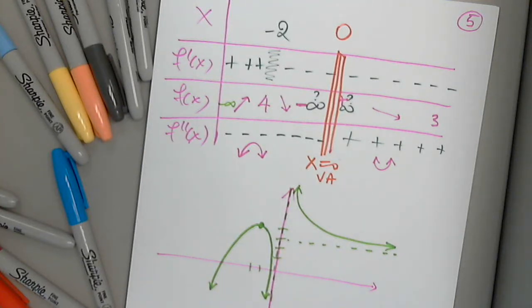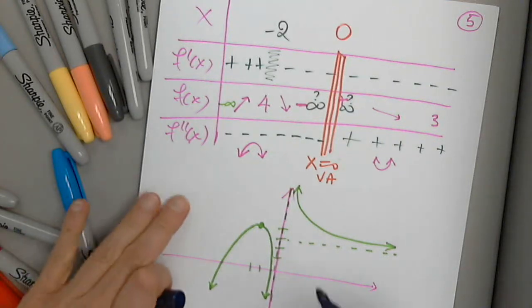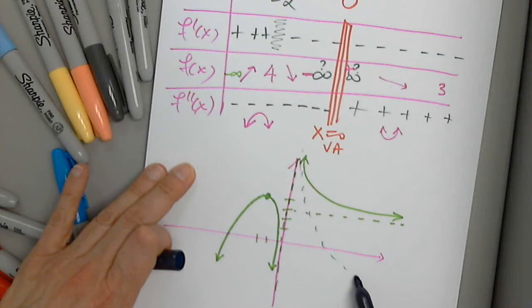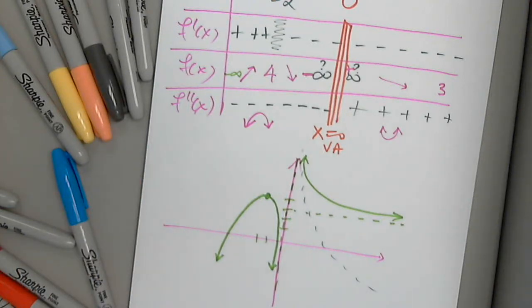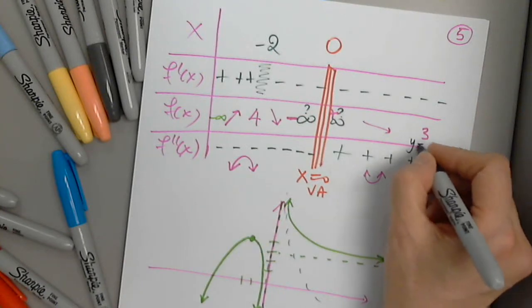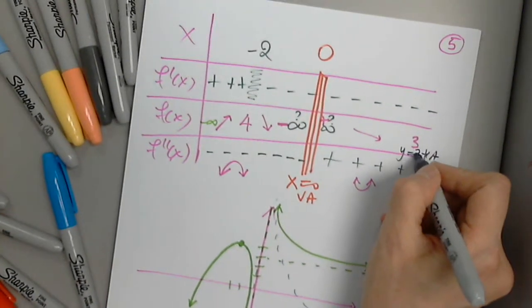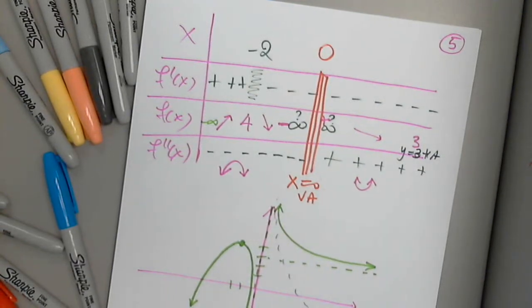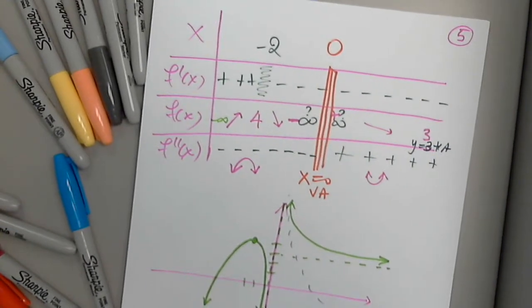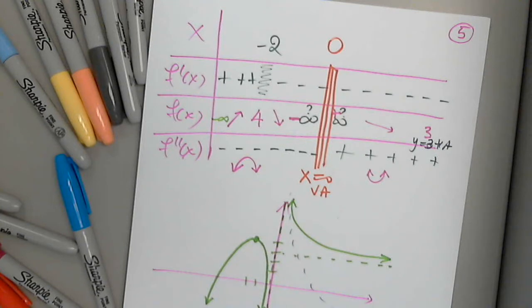I just thought it would be interesting, a function like this with a horizontal asymptote on one side and no horizontal asymptote on the other side. But you can change the graph the way you like. As long as it's opening upward, you don't have to create a horizontal asymptote. Here I wanted to create y equals 3 as the horizontal asymptote. I'm sorry, you know what I meant. I didn't mean 0, I meant 3. Any questions? Okay.